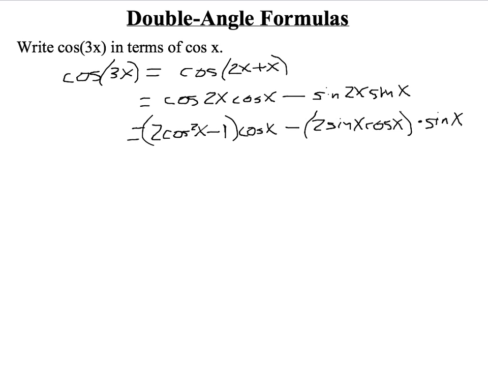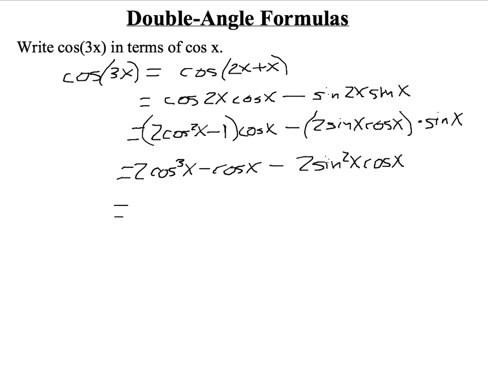I think it's natural at this point to want to distribute, so let's do that. When we do that, we end up with 2 cosine cubed x minus cosine x minus 2 sine squared x cosine x.